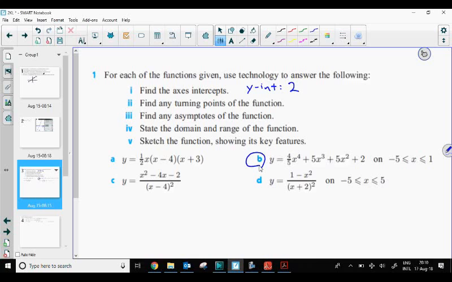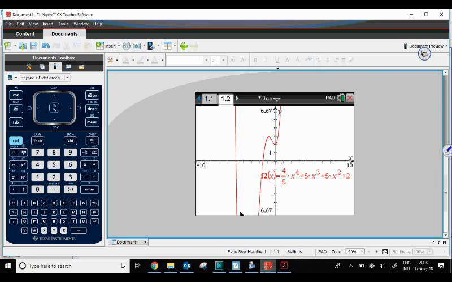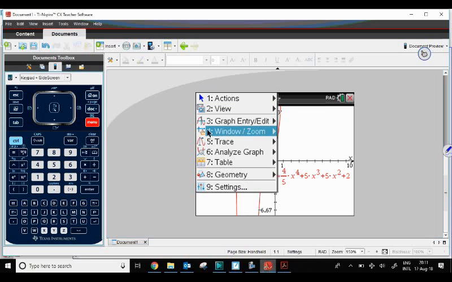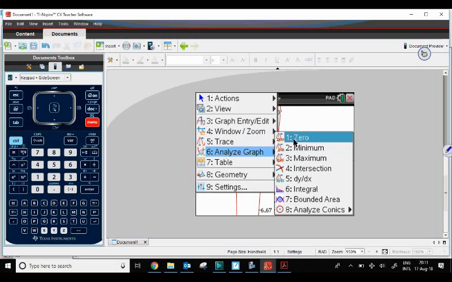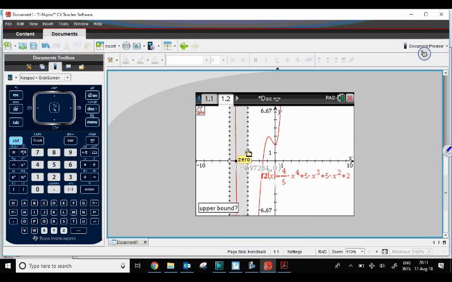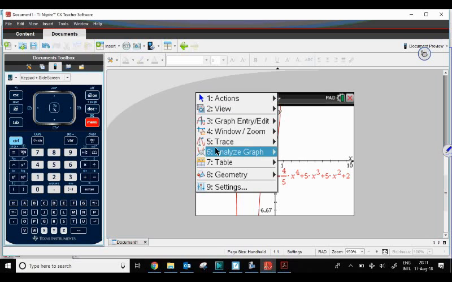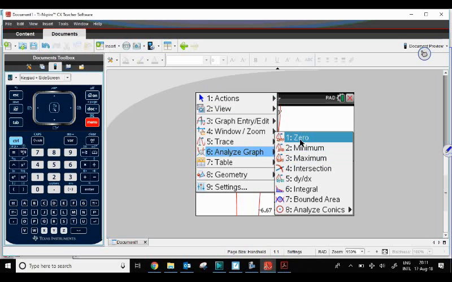And finding any x-intercepts, that's going to be tough to do by hand. I can't just set this equal to 0 and solve it. So let's go to the calculator. I've already graphed it. We just want to find out. Looks like there's only 2 of them here. So I'm going to press menu, analyze graph, find the zeros. There's 1. And I'll do it again. Menu, analyze graph, find a 0.